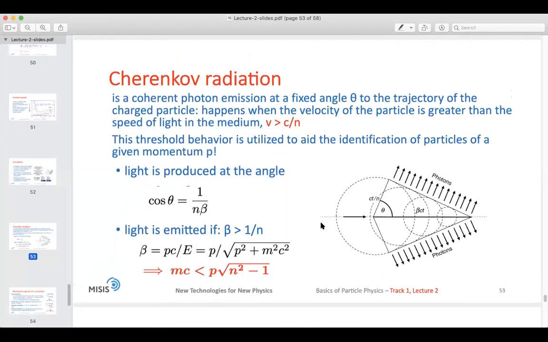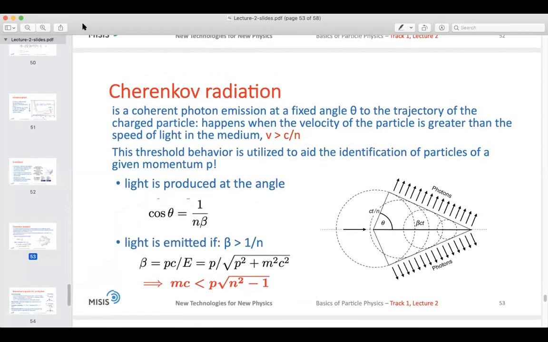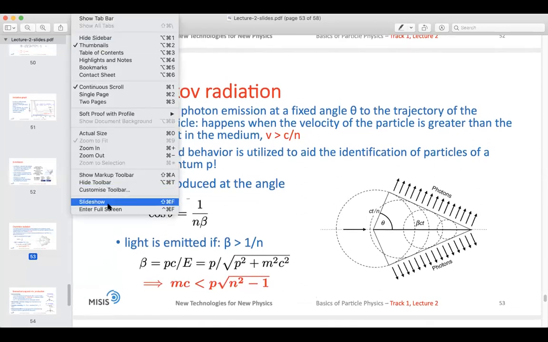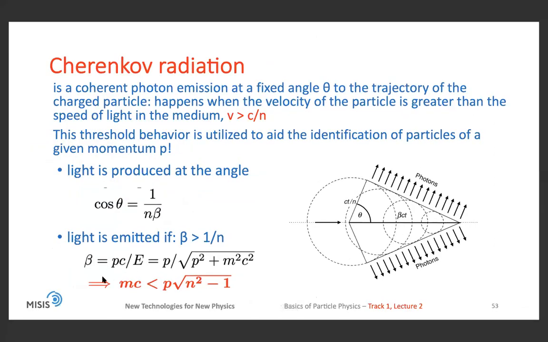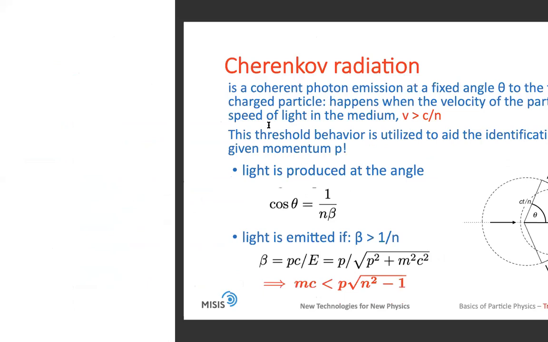So light is emitted if this condition works, MC smaller than P over the square root of n squared minus 1. So from here you can compute the maximal or minimal P with which the light is emitted. Can you please do it for a muon and paste an answer here?